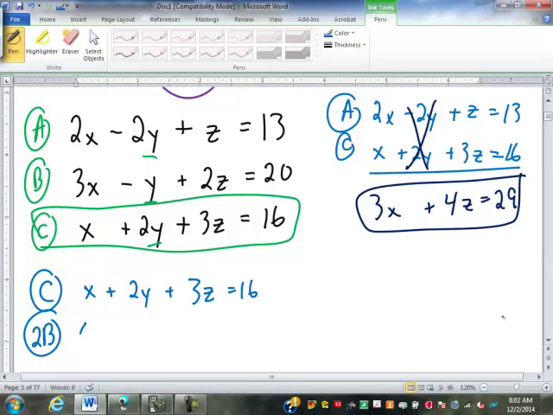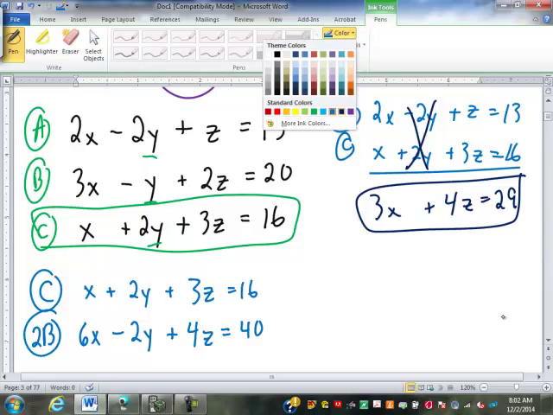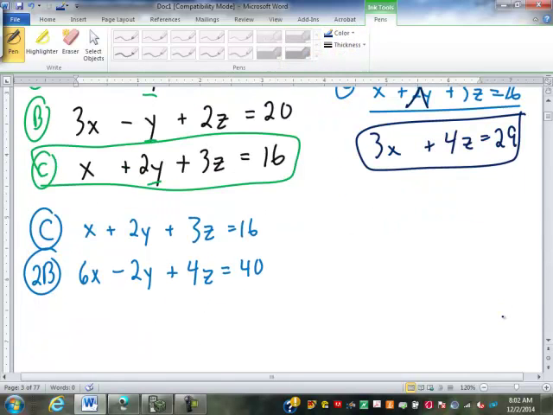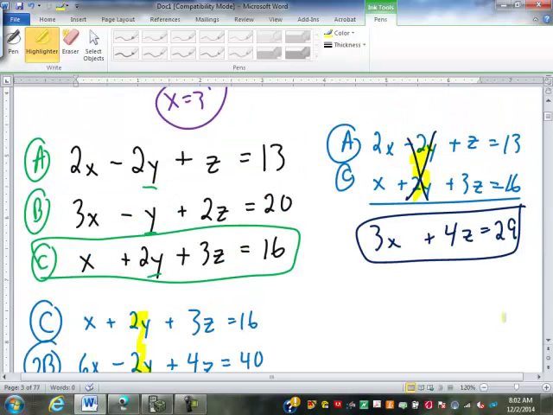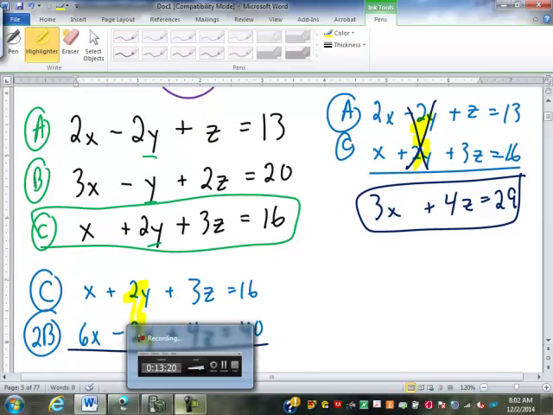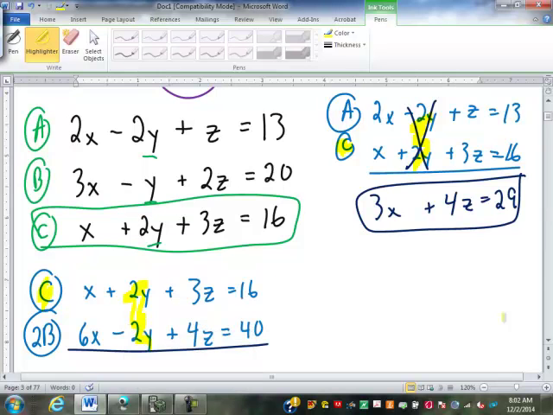So 2 times 3x is 6x. 2 times negative 1y is negative 2y. 2 times 2z is positive 4z equals 2 times 20 is 40. It is very, very important that you eliminate the same variable both times. We eliminated y here. We have to eliminate y here. Also notice, one equation gets used twice, but the other 2 equations must get used once in each of them. Okay?